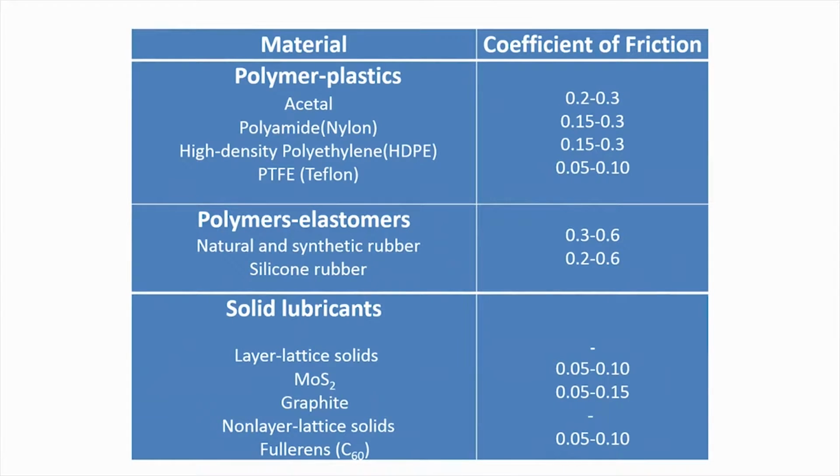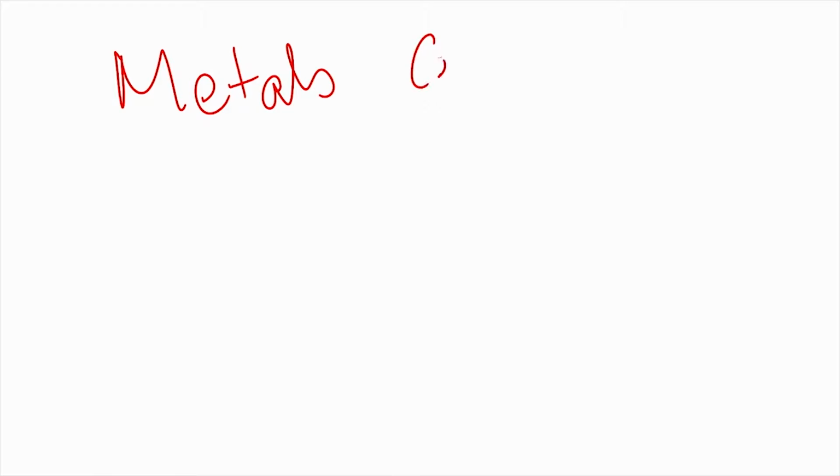Now, in this particular slide, I have shown the different classes of materials. For those who are from a non-materials background, you should know that there are three classes of materials: metals, ceramics and polymers.